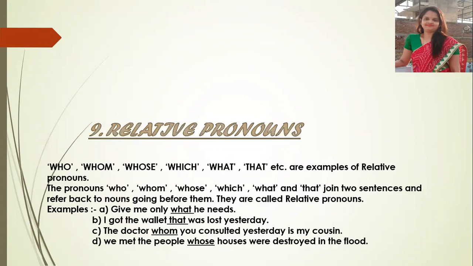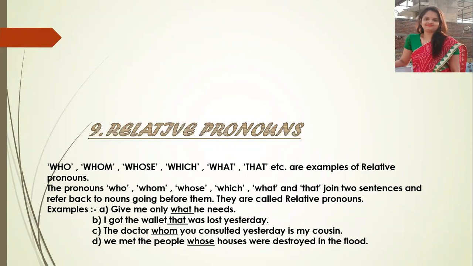The next example is: I congratulated Vineet who stood first in exam. Means the boy named Vineet who stood first. He stood first in exam and you congratulated him. So what word is joining the sentences? Who, and who shows the relation in the sentence.